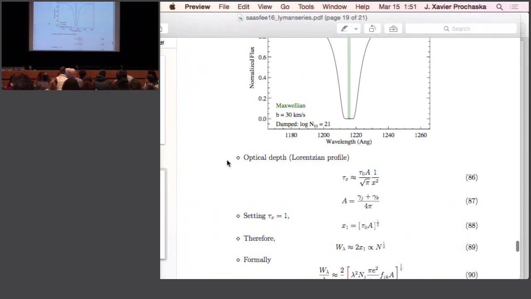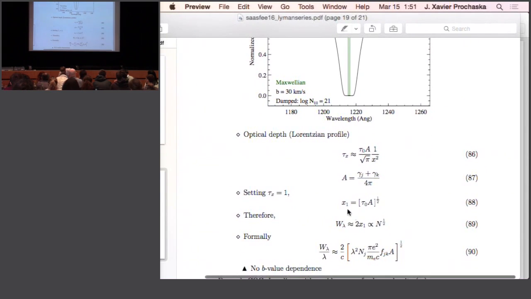Working through that, you quickly see that the distance x goes like the square root of the central optical depth times the a coefficient to the 1/2 power. A is just a quantum mechanical property. It's tau naught again, now to the 1/2.